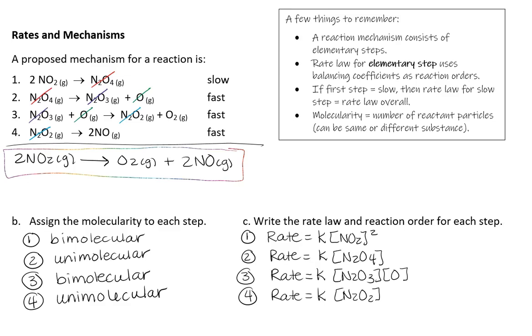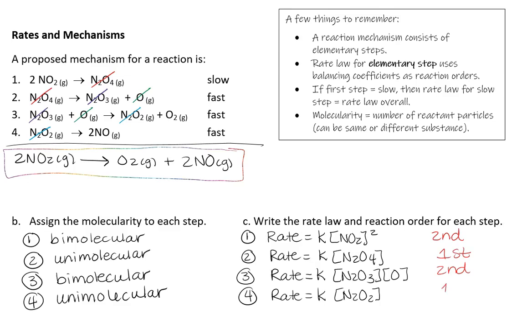We obtain the reaction order in the same way that we did way back in the earlier activities, where the overall reaction order for a given rate law is the sum of the exponents. So for reaction 1, this will be second order. Reaction 2, first order. Reaction 3, also second order because we have a 1 plus a 1.